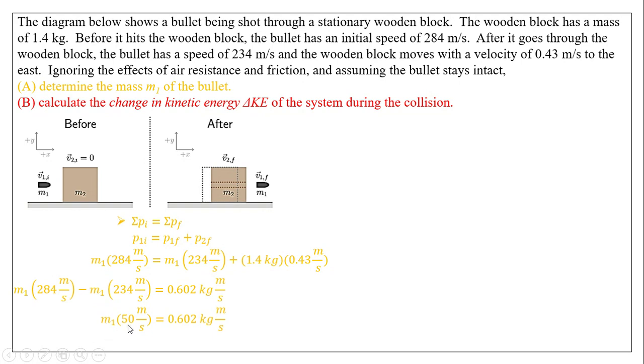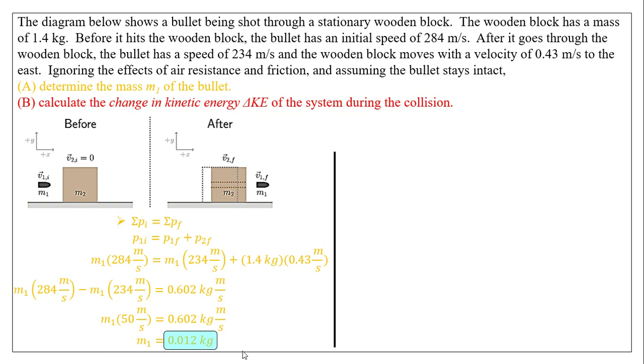So I have 50 M1, which is equal to 0.602. To get M1 by itself, I divide both sides by 50. So 0.602 divided by 50 gives about 0.01 kilograms. Therefore the mass of the bullet is about 0.01 kilogram, and that is our answer.